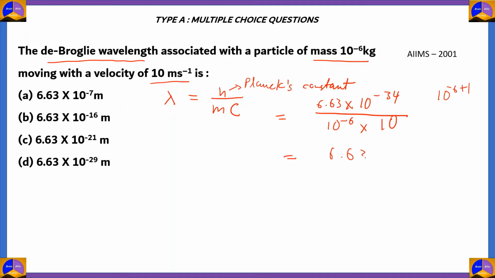So lambda will be 6.63 into 10 raised to minus 34 divided by 10 raised to minus 5. And now we have 10 raised to minus 34 divided by 10 raised to minus 5, which will be 10 raised to minus 34 minus of minus 5.